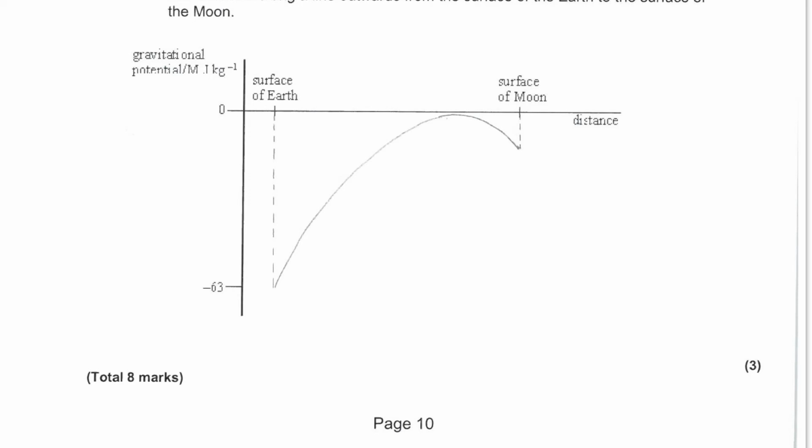So first of all, the Earth with its much larger mass would have a curve showing gravitational potential falling with a 1 over r relationship. So you're following the equation V equals minus GM divided by r.